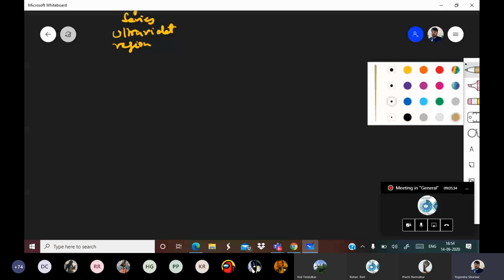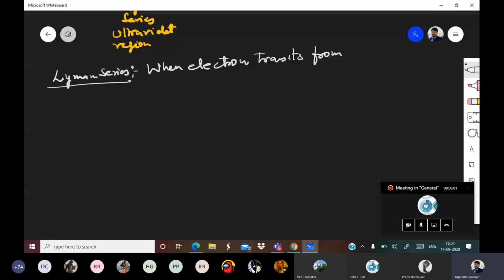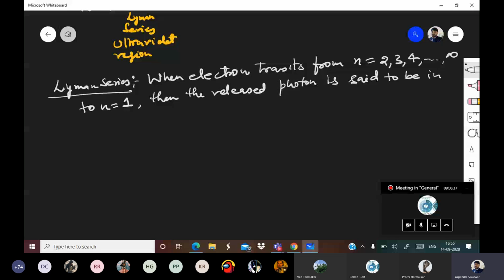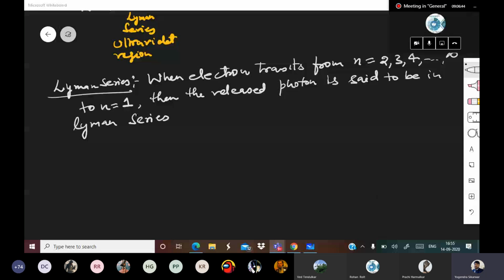When an electron transits from n is equal to 2, 3, 4 up to infinity to n is equal to 1, then the released photon is said to be in the Lyman series.